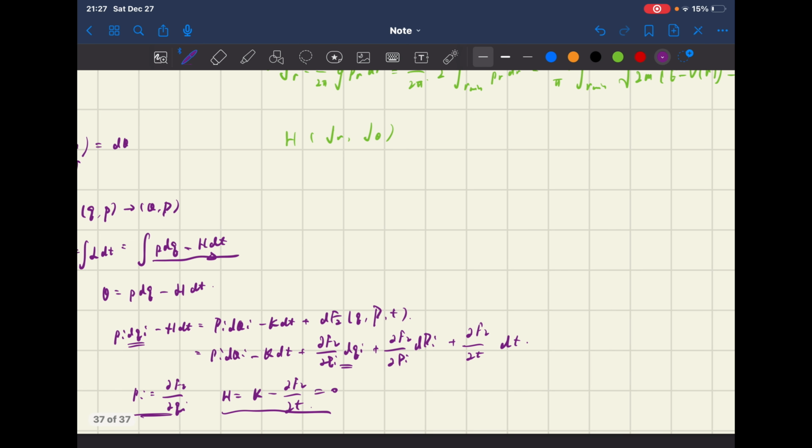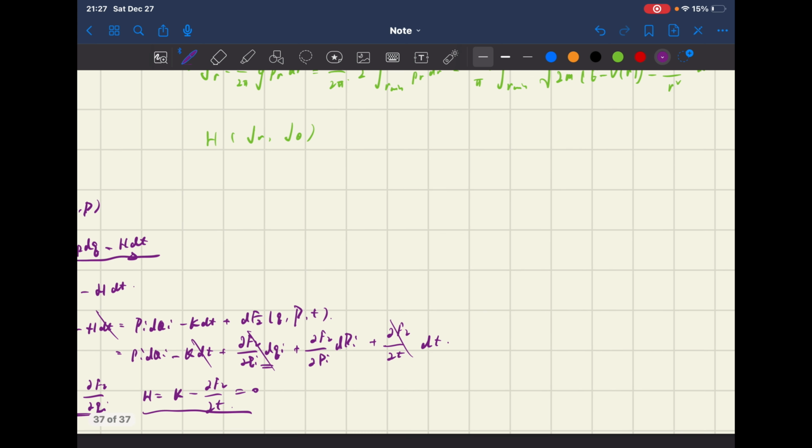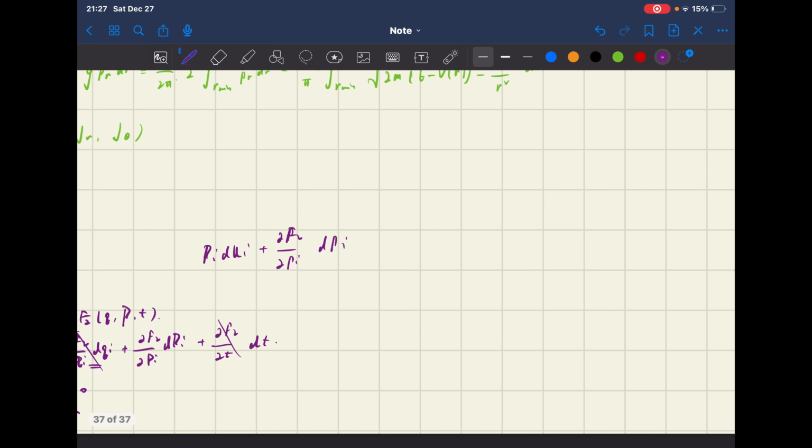Why is that? Let's take a look at this here again. Here we already cancel out these terms, so what is left is big P_i dq_i plus partial of big F2 over partial of big P_i dP_i. You would discover that this is kind of similar to the total differential of p_i q_i, and that is something on the real numbers, so this is equal to 0.